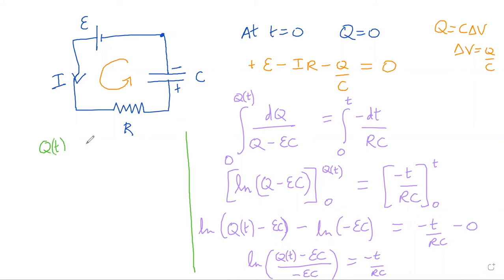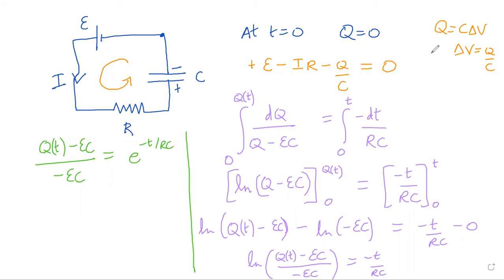We have q of t minus EC divided by minus EC is equal to e raised to minus t over RC. Remember that the e here is not the electron charge. It is the base of the natural logarithm.